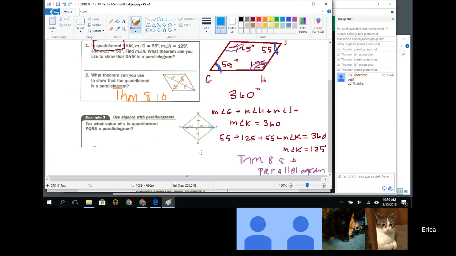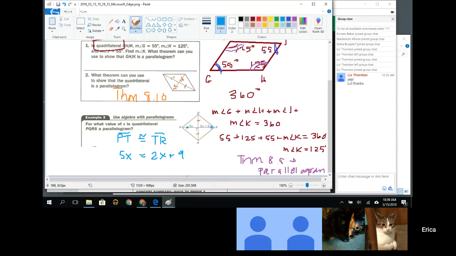I need PT to be congruent to TR. And in order for PT to be congruent to TR, 5x has to equal 2x plus 9.